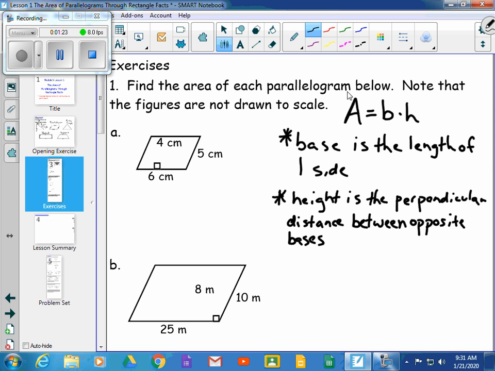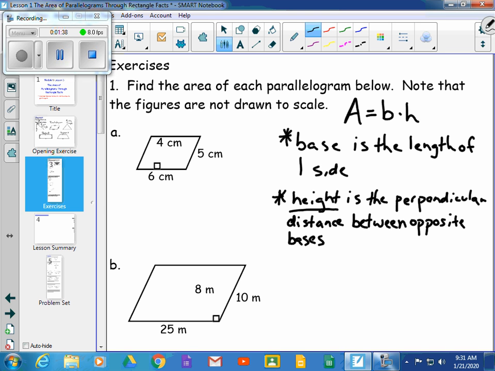It's very important to know that the height is the perpendicular distance between the opposite bases, because they're going to give you some information on these parallelograms that you're not going to need to use. It's designed to confuse you.